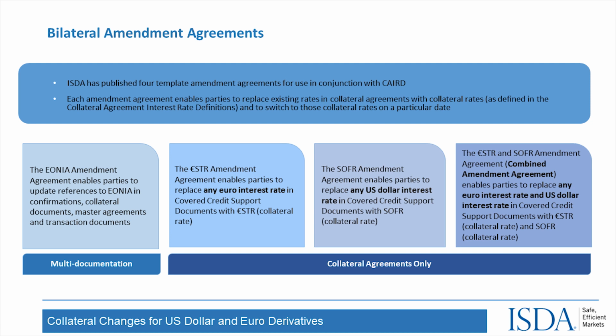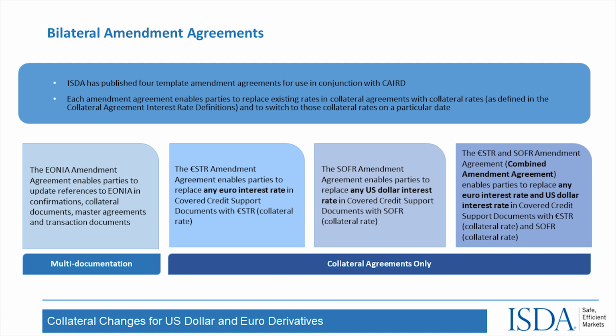The second one is the SOFR Amendment Agreement. Now, this enables parties to replace any US dollar interest rate with SOFR collateral rate. And finally, the last template is a combined agreement, which allows parties to amend any euro interest rate or US dollar interest rate and to replace that with ISDA collateral rate and SOFR collateral rate, respectively.